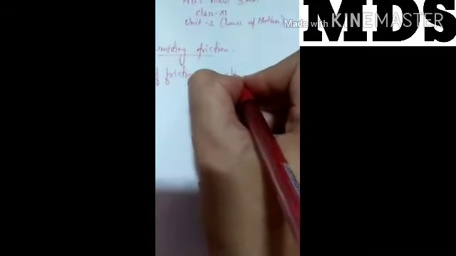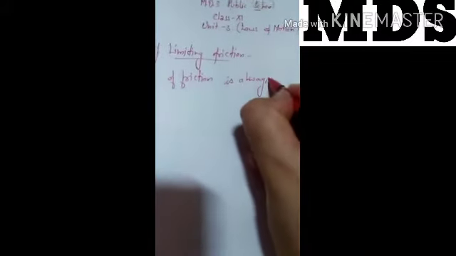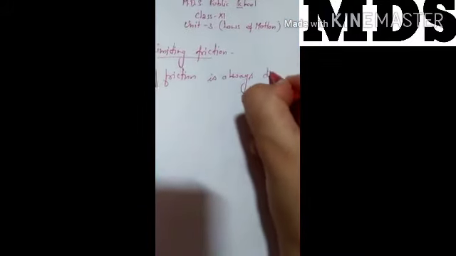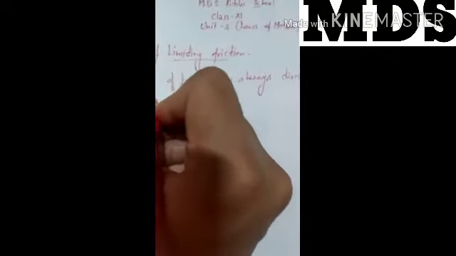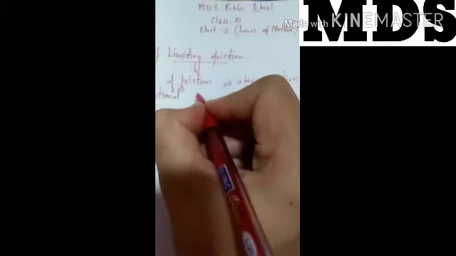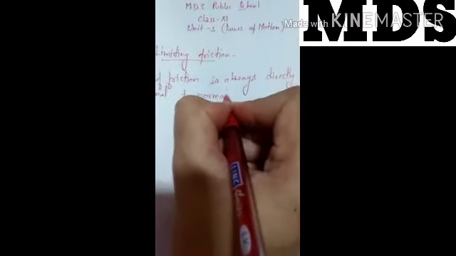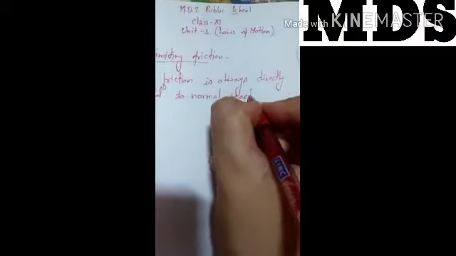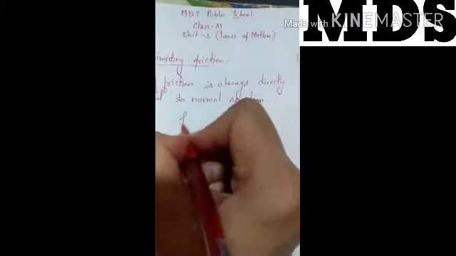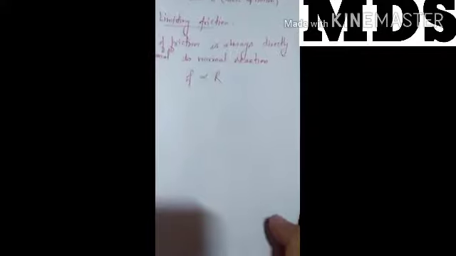Then the force of friction is always directly proportional to the normal reaction, that is, friction is directly proportional to R.